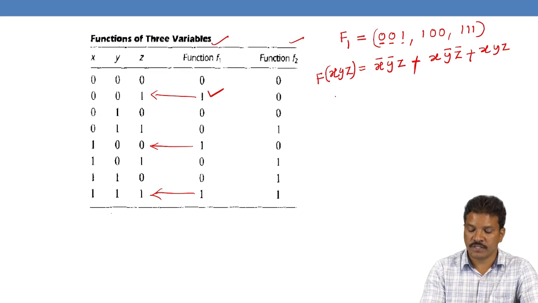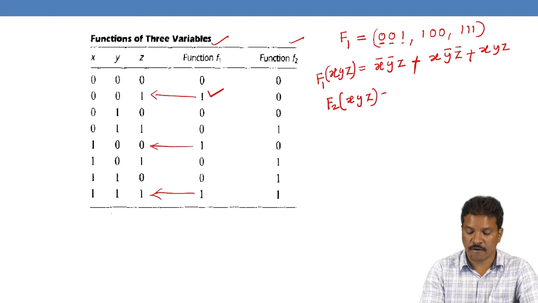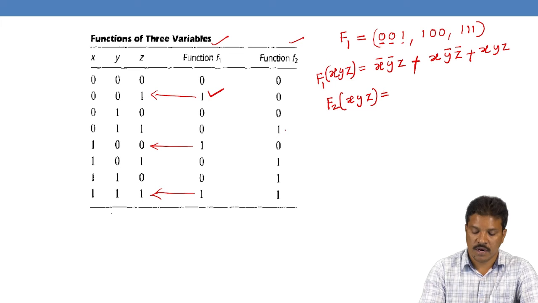So next, f2 is equal to x, y, z is the order of the variables, and here the combination is 4 terms.